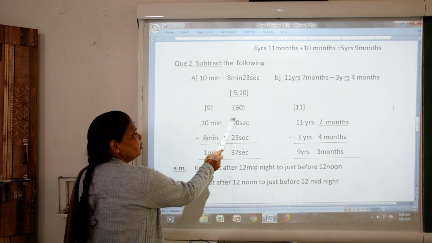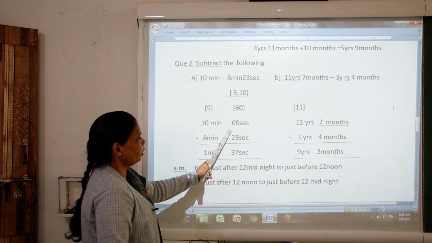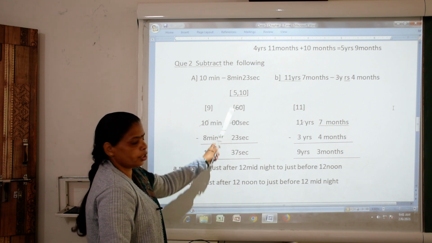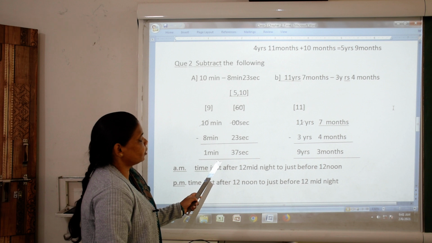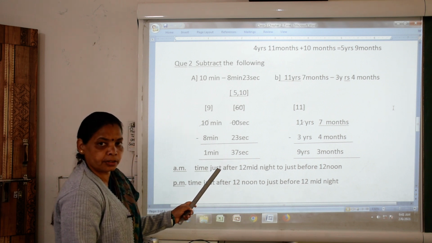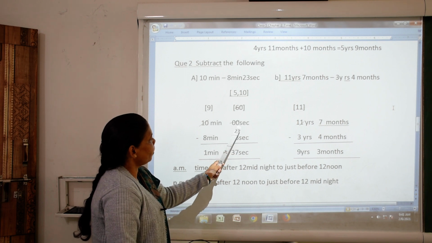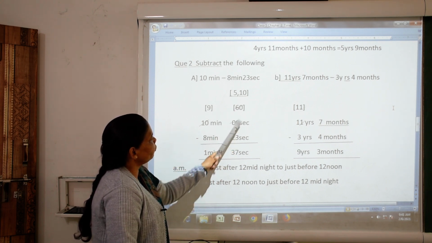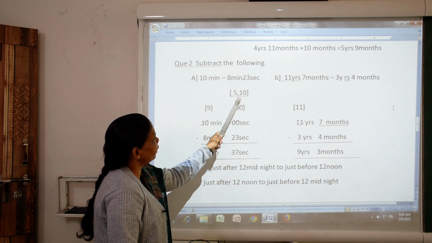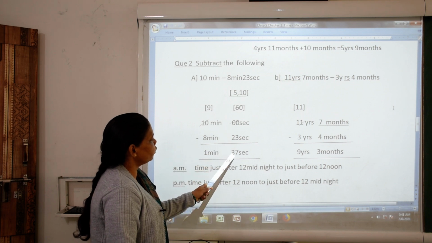We will take 60 here. When you need a carry, you will take only 60 here, because in time 60 minutes are there, 60 seconds are there. So 0 minus 3 we cannot do, so we will carry from here, so it will be 5 and it will be 10. So 10 minus 3 is equal to 7 and 5 minus 2 is equal to 3.